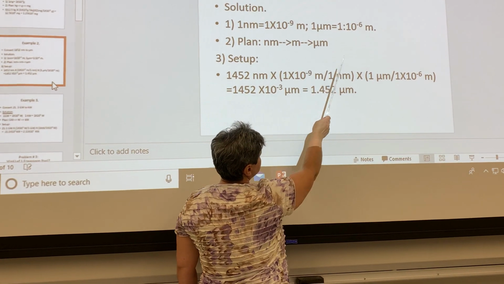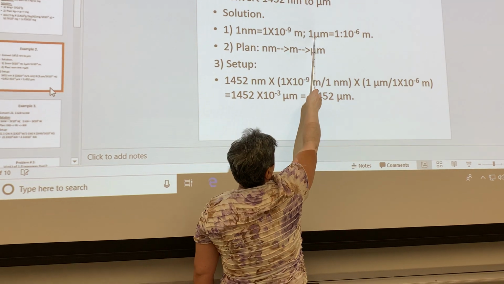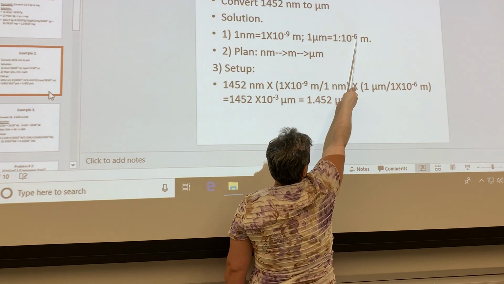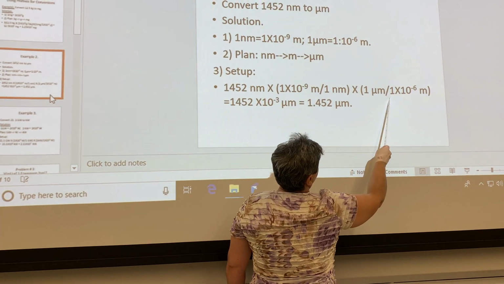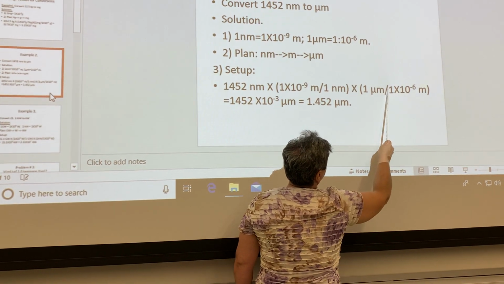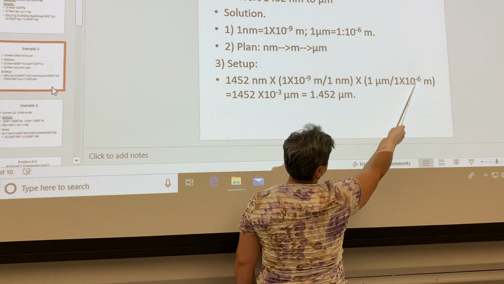And then the next step here, I still have to go on because my next step is from meters to micrometers. 1 micrometer equals 1 times 10 to negative 6 meter. I want to put meters on the bottom, and the numerical value here is 1 times 10 to negative 6.